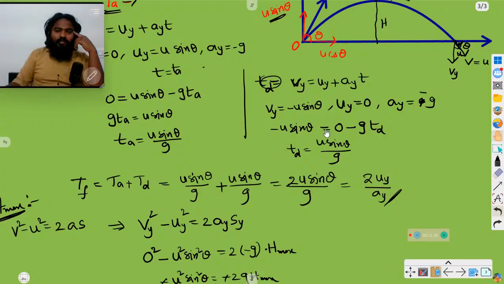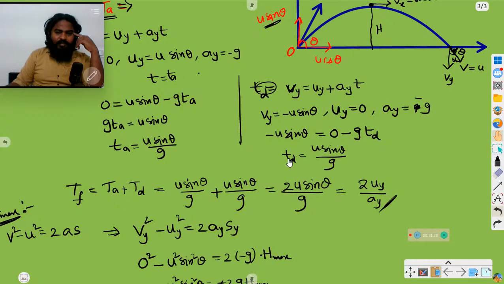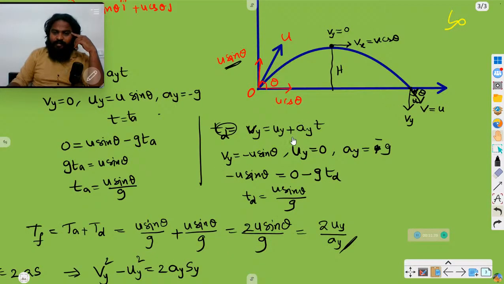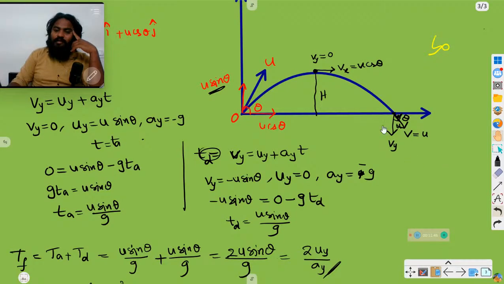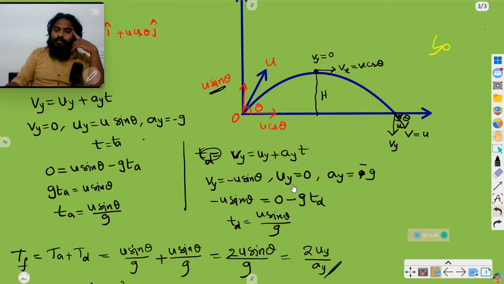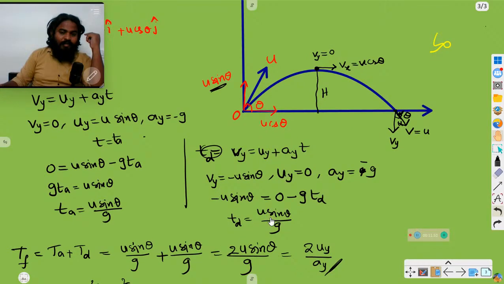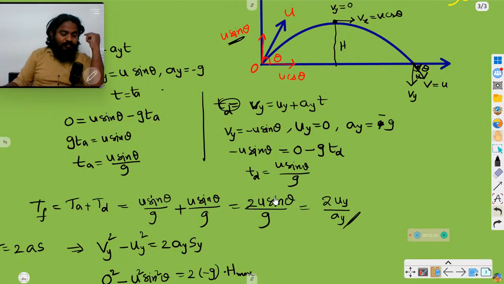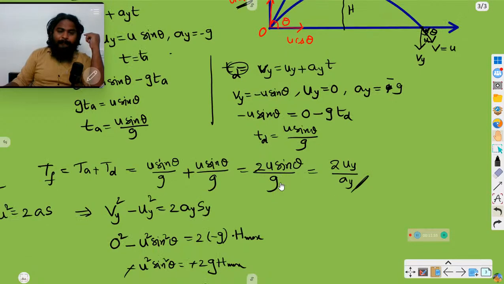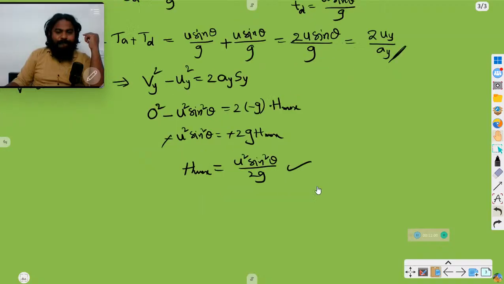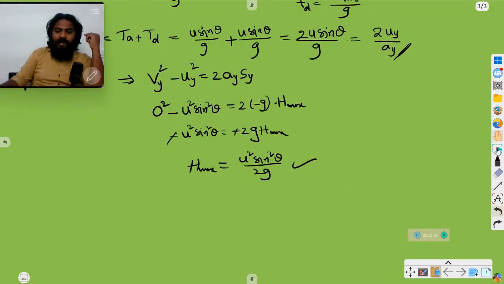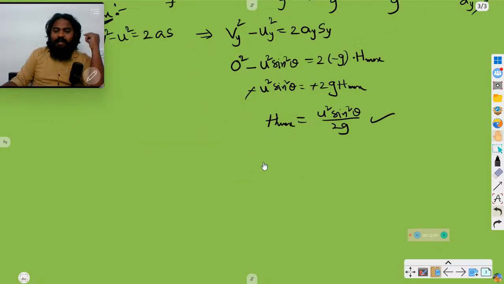If you observe this diagram carefully, the horizontal distance traveled by the projectile from this point to this point is nothing but the horizontal range, right? Now let us calculate the range.